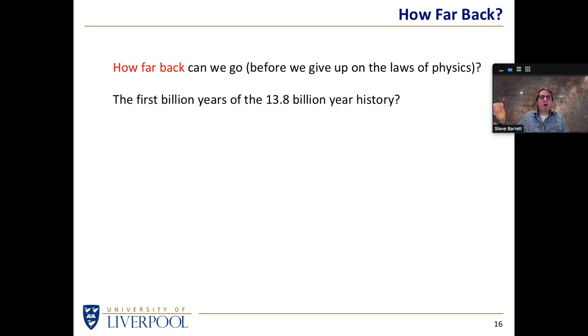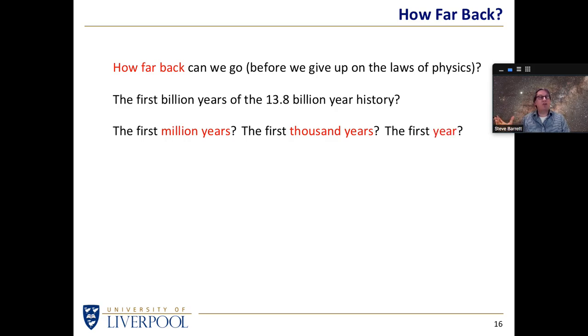Are we happy to go back 12.8 billion years to the first 1 billion years of creation? Yes, no problem. Can we go back to the first million years after the Big Bang? Yes. What if we go back to the first 1,000 years? Yep, no problem. The first year? Yep, as far as we know, if we go back to the first year out of those 13.8 billion years, we're still in a region where we think the laws of physics are as we understand them here and now.